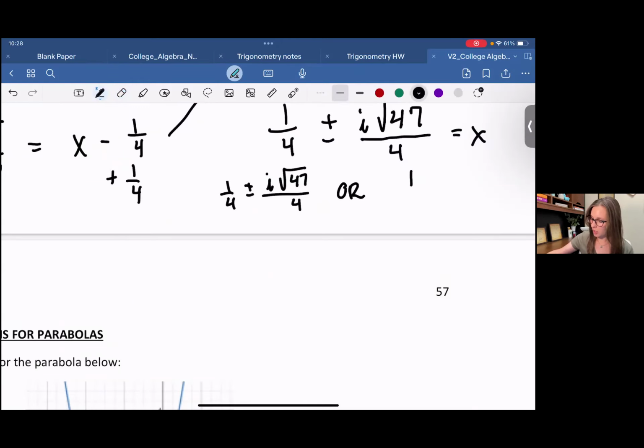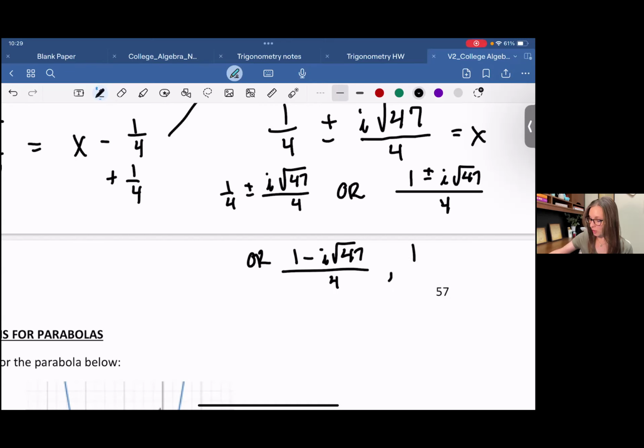I don't know why I did that. 1 plus or minus i root 47 all over 4. Or you can write it as two answers. 1 minus i root 47 over 4. 1 plus i root 47 over 4.